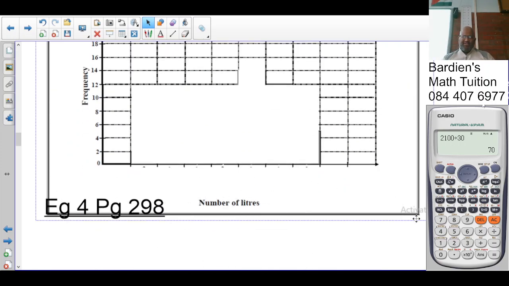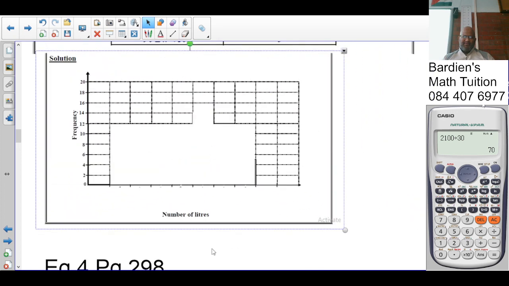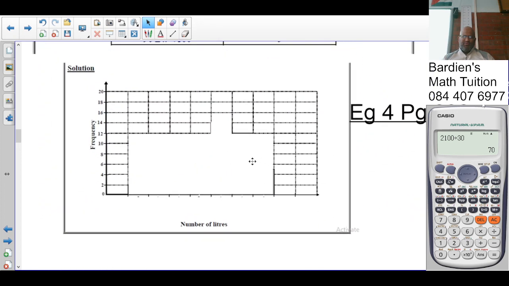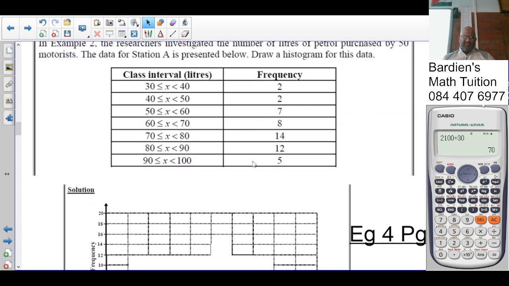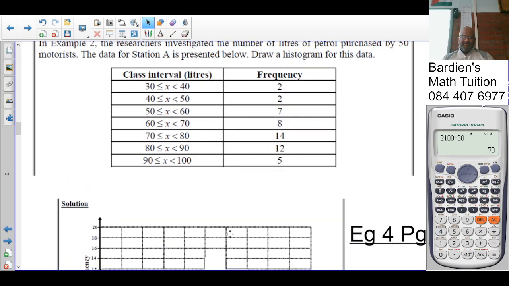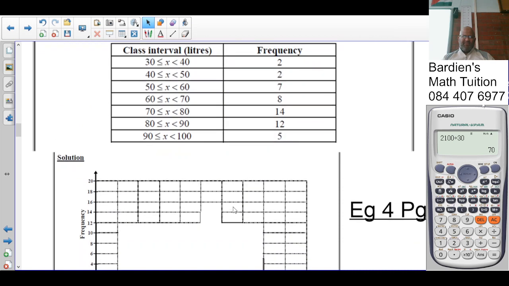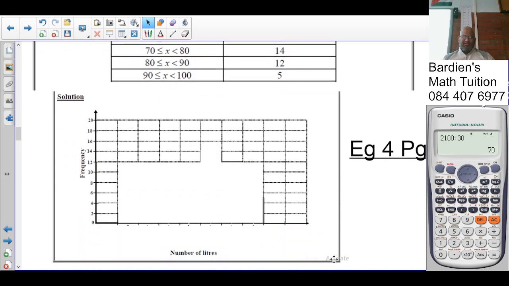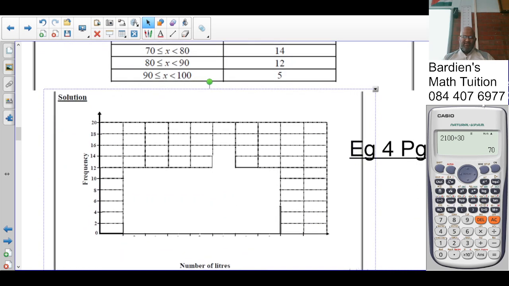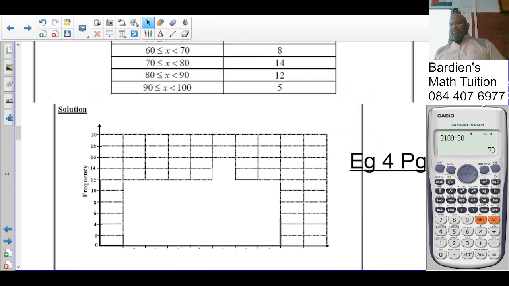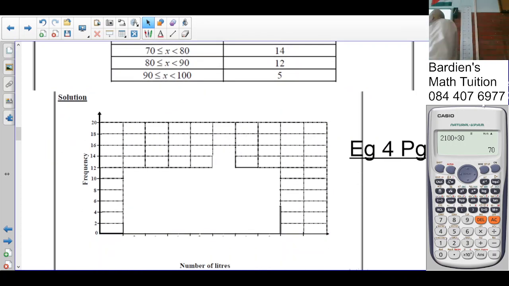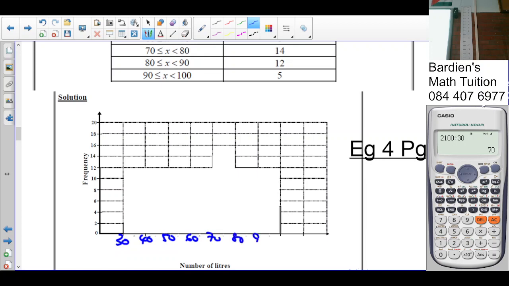So the number of liters here, as opposed to the frequency, which is this column here. In the first category, you see you've got 30 to 40 and so on. So normally what happens is, we write here at the bottom the starting points: 30, 40, 50, 60, 70, 80, 90.